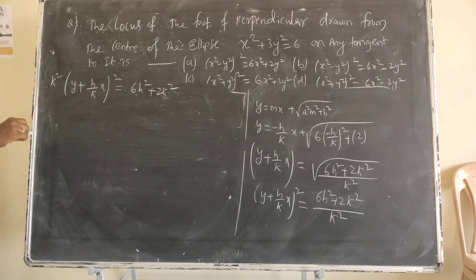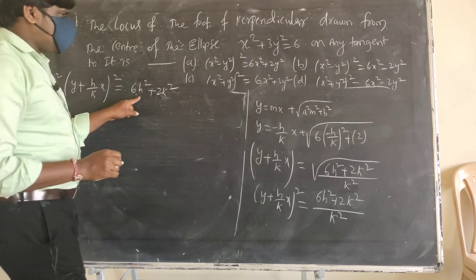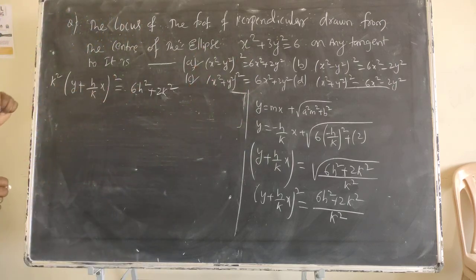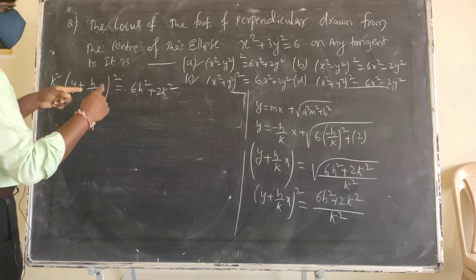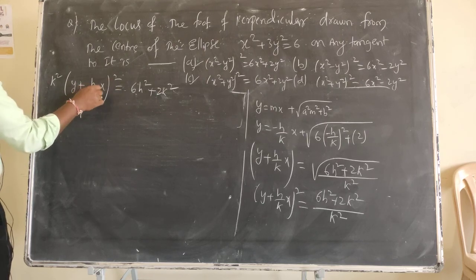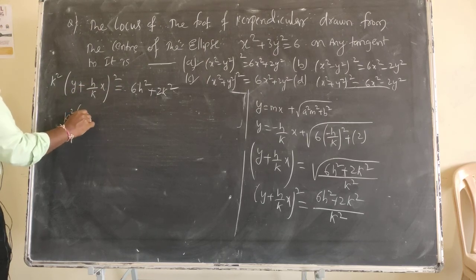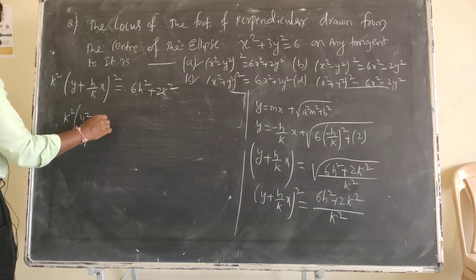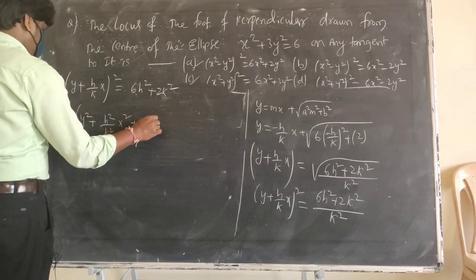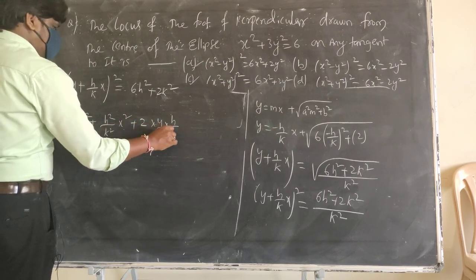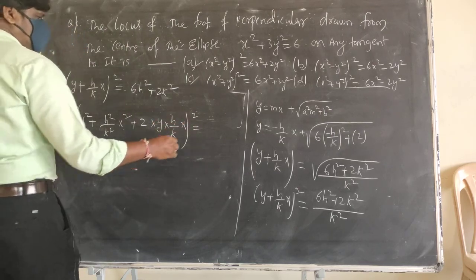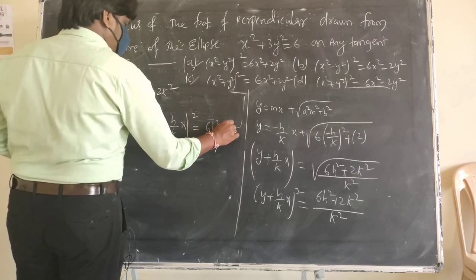Wherever h and k is there, replace with x and y. If you see, options A and C look similar, and we have to identify which is correct. So here I can write k square times the a plus b whole square formula: y square plus h square by k square into x square plus 2 into y into h by k into x.